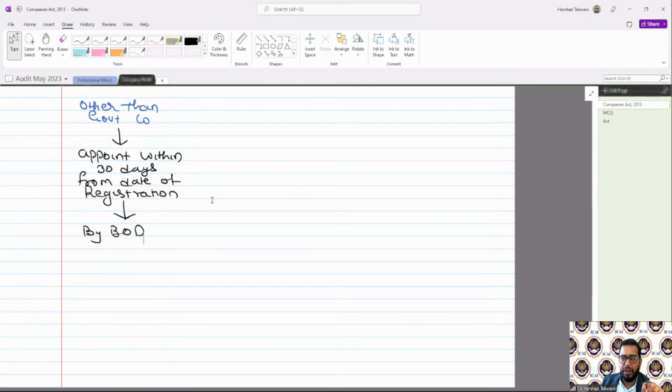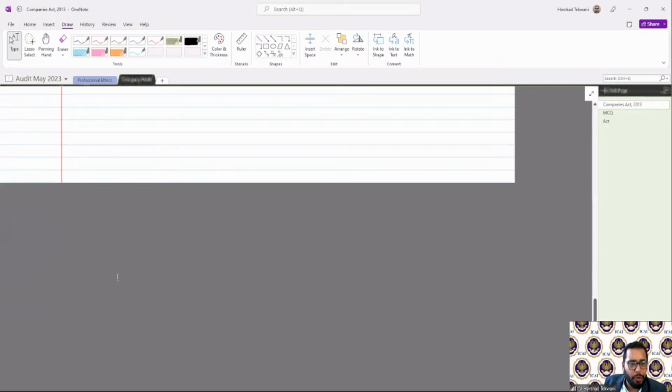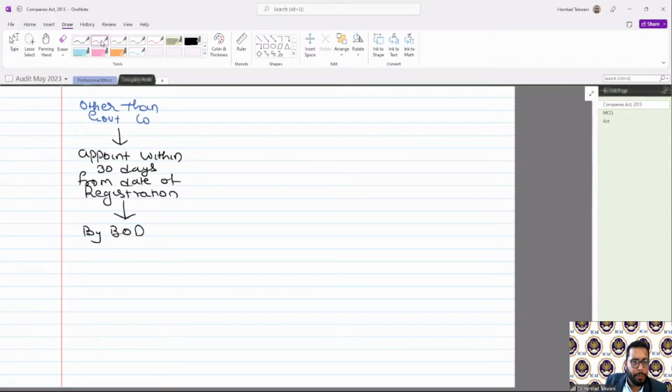Once that extraordinary general meeting is convened, the auditor should be appointed till the conclusion of the first annual general meeting. So, when the BOD fails to appoint within 30 days. When I say fails to appoint, it is within the 30 days time period that is given.